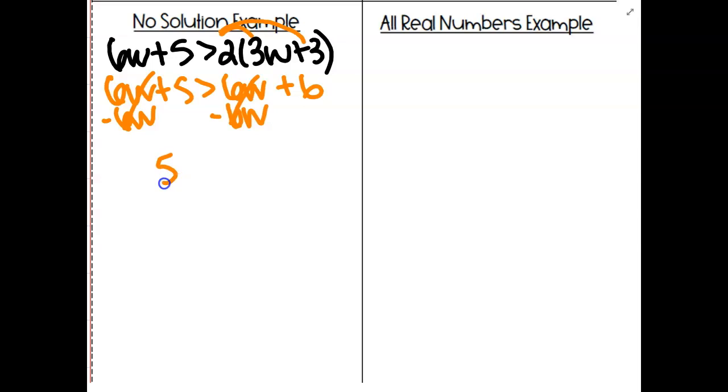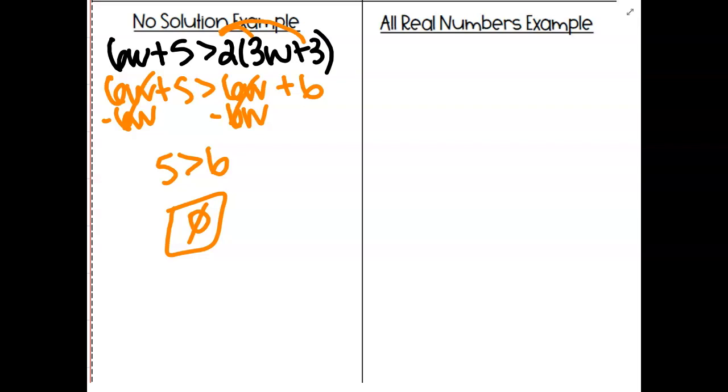This inequality is saying 5 is greater than 6. You're still going to ask yourself the same thing. Is this true or false? Is 5 greater than 6? No. Okay, so they're not the same number, but it doesn't matter that they're not the same number. It matters that 5 is not greater than 6. And since it's false, just like with an equation, that is a no solution answer. There's no number that works in that inequality.